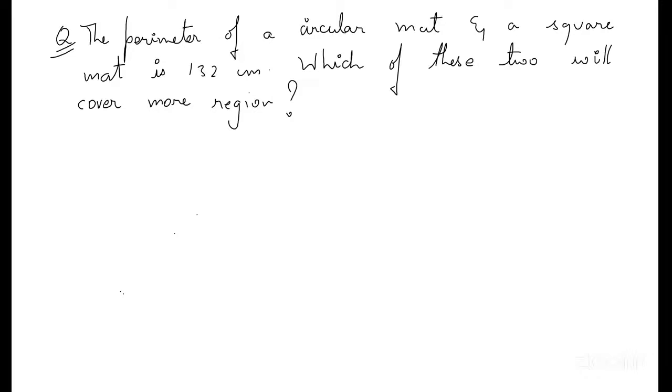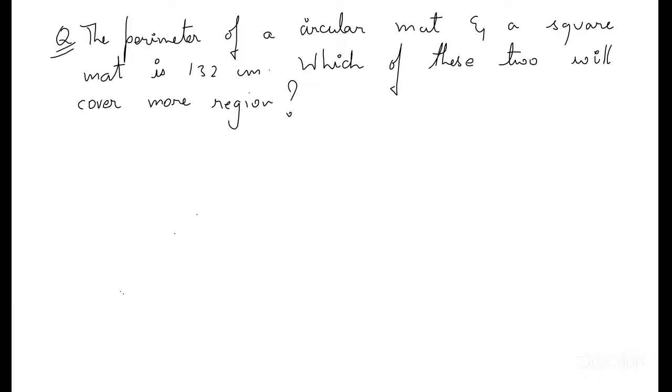Okay, so we have the perimeter, which means the circumference, the measure of the circumference of the circle and the sides of the square. Now we have to find out its area.